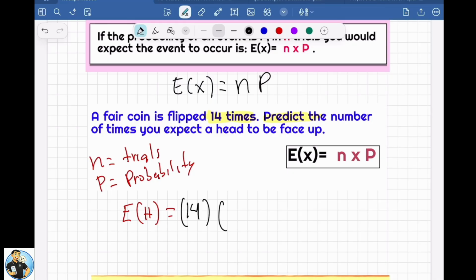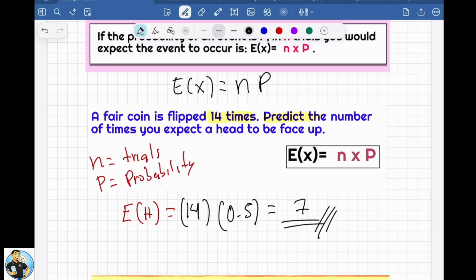Remember, this is 0.5. So this is 7. What is the meaning of this 7? This means if we perform 14 coin flips, we are going to expect to get heads 7 times. That is the meaning of this expected value.